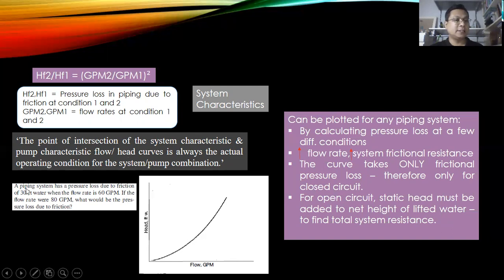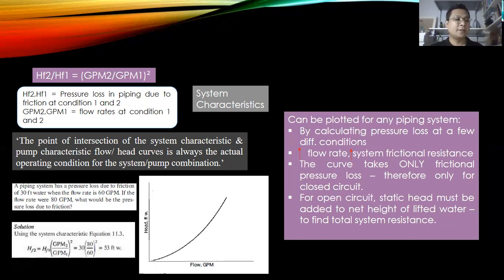Okay, how to implement this? Here is one example. A piping system has a pressure loss due to friction of 30 feet of water when the flow rate is 60 gallons per minute. If the flow rate were 80 gallons per minute, what would be the pressure loss due to friction?